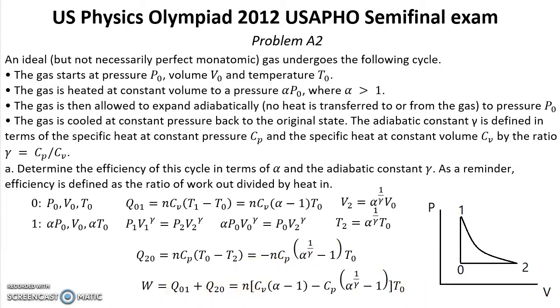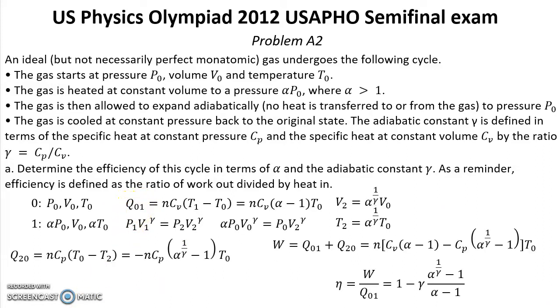And last step is to find what is efficiency. Efficiency is work done by gas, which is W, divided by Q in, which is Q01. So finally efficiency equal work done by gas over Q01, which is 1 minus this expression, where gamma is a relation between Cp and Cv.